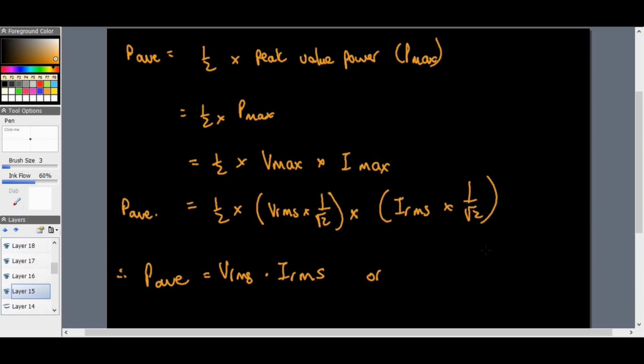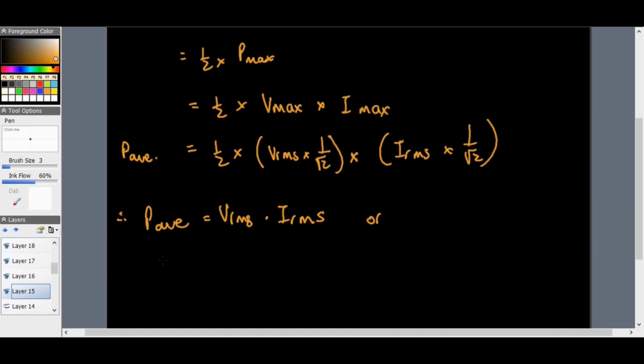or another formula that we can have is to say P average, or the average power, can also equal I squared RMS, so the RMS current squared multiplied by the resistance, or the average power can also equal the RMS voltage, all squared divided by resistance.